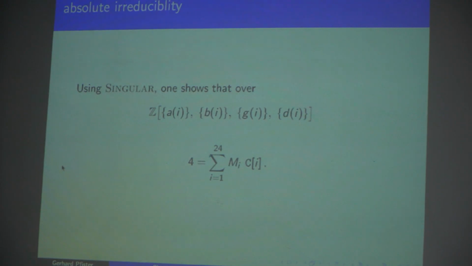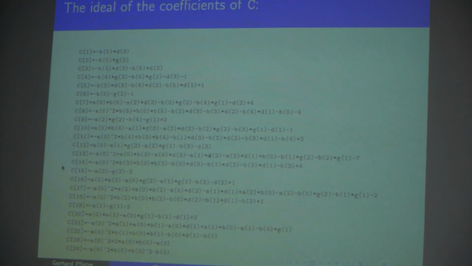Okay, now using Singular, we can prove that, I must make some remark before. We have this system of equations, and we have to prove that for every prime, modulo prime, it has no solution. So, of course, you cannot compute it for every prime. So the idea is to compute over Z and then move modulo the prime.